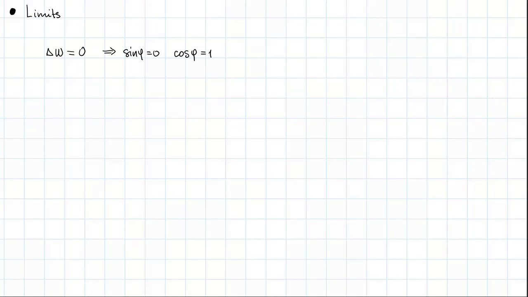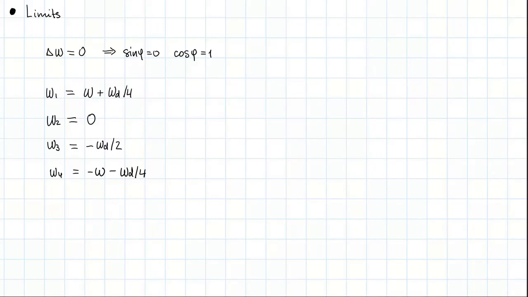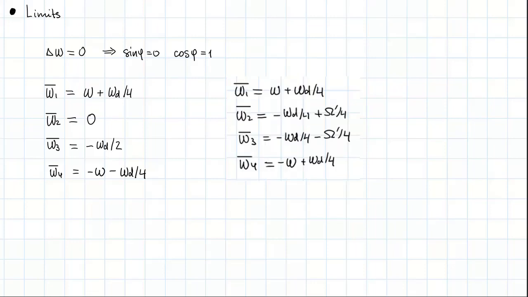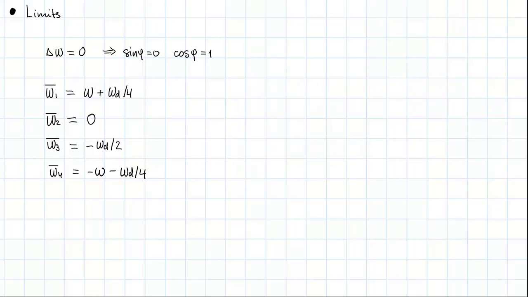With these remarks, we can easily obtain a new set of four eigenvalues for our special case. It is easy to see that they are obtained when the variable omega stroke in the general expression for eigenvalues is substituted just with omega d. Also, we can easily obtain eigenvectors for this case.